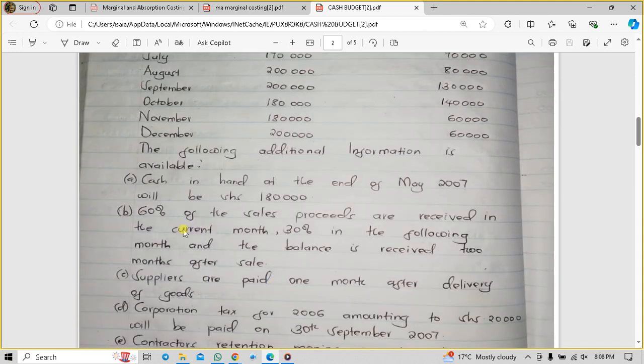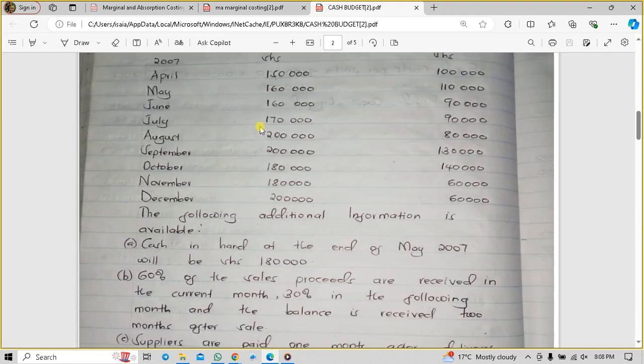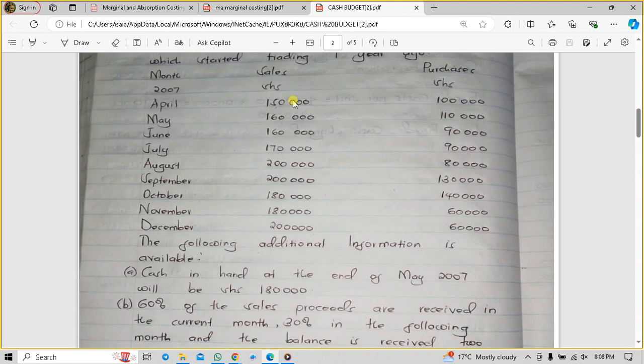Then we are told 60% of the sales proceeds are received in the current month. So for example, in April, if we made sales of 150,000, 60% of 150,000 is going to be received in the month of April.